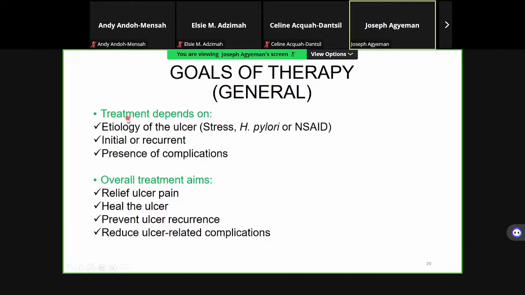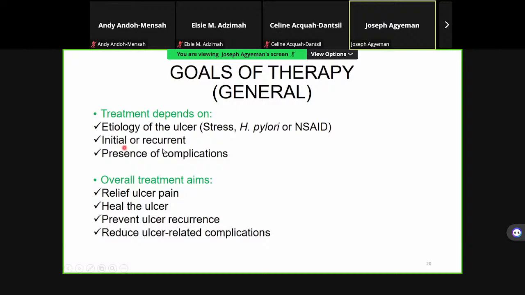So the treatment depends on the etiology, of course. The way you manage stress, H. pylori and NSAID-induced ulcers may be similar but not the same. As I cited, in H. pylori, you are going to add an antibiotic. With NSAIDs and stress, you are not going to add an antibiotic. Is the peptic ulcer just the first time that you are getting it?